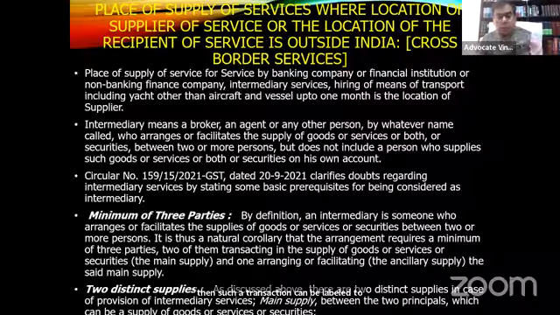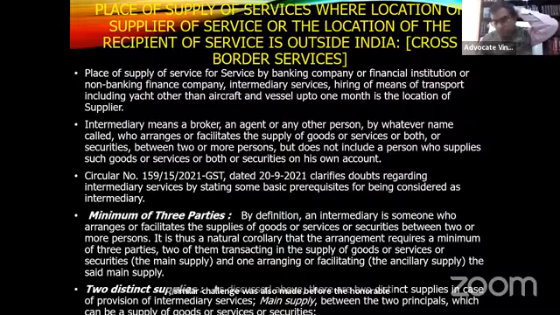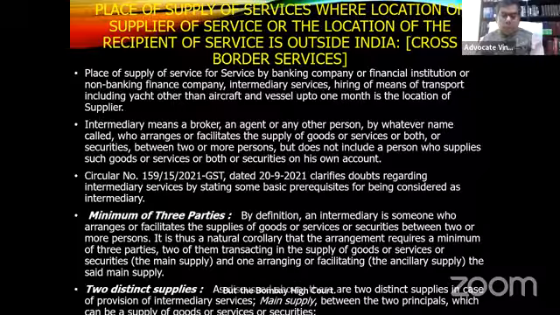A similar challenge was also made before the Honorable Bombay High Court. But in the Bombay High Court, the matter was before a two-member division bench, and the bench differed.